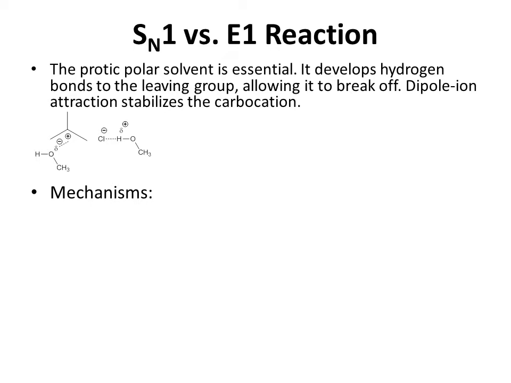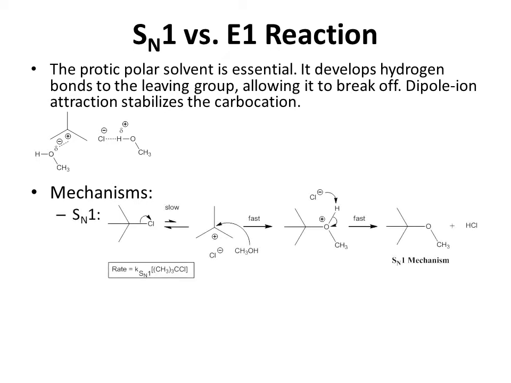2-chloro-2-methylpropane with methanol. The first mechanism is called SN1. That's our substitution reaction. The rate of this reaction is equal to k, the rate constant for SN1, times the concentration of 2-chloro-2-methylpropane. SN1 stands for substitution nucleophilic first order.